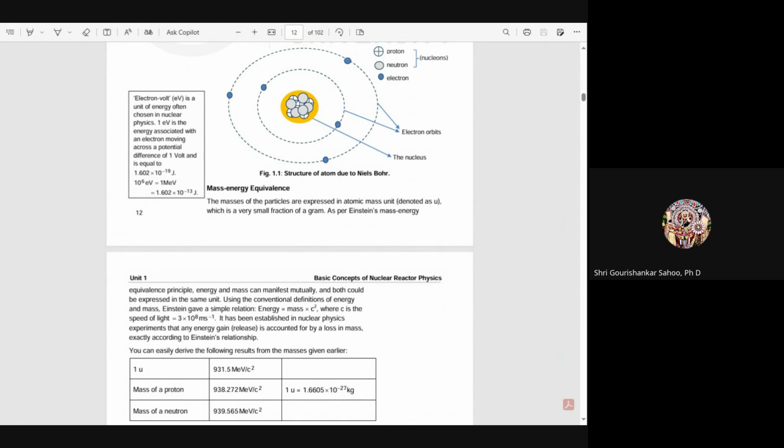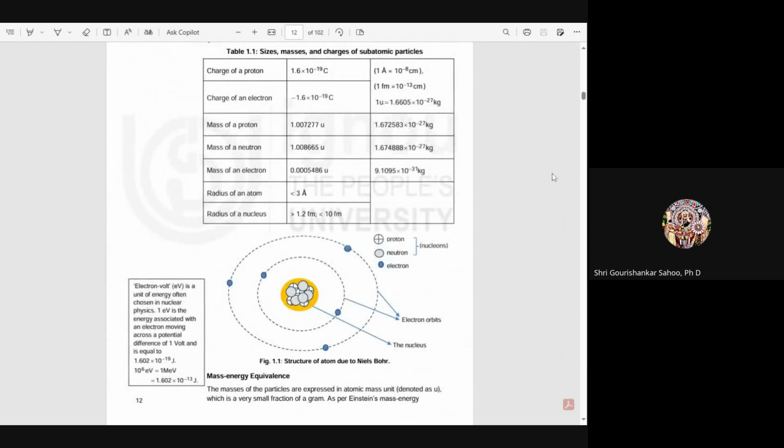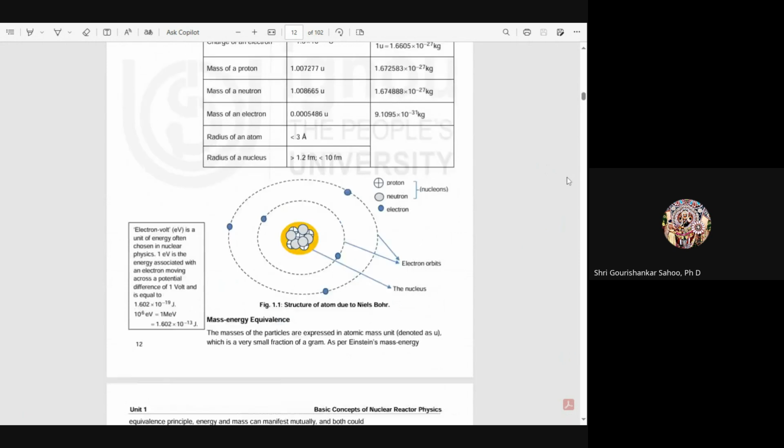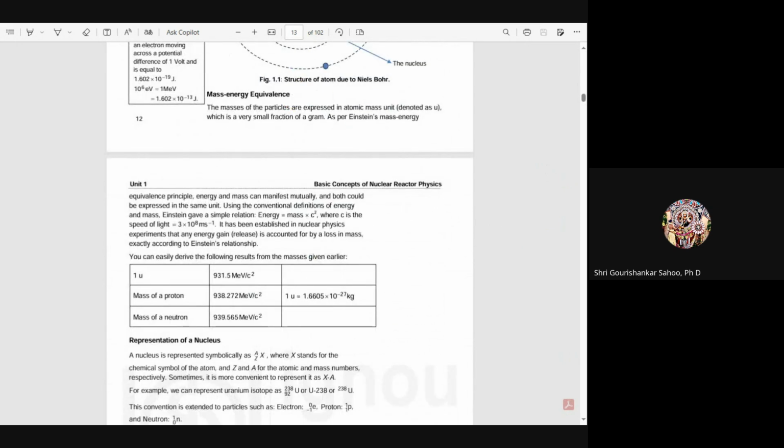The masses of particles are expressed in atomic mass unit, that is u, which I have discussed in the table for the neutron, electron, and proton. And as per Einstein's mass-energy equivalence principle, energy and mass are interconvertible and can manifest mutually, and both could be expressed in the same unit.